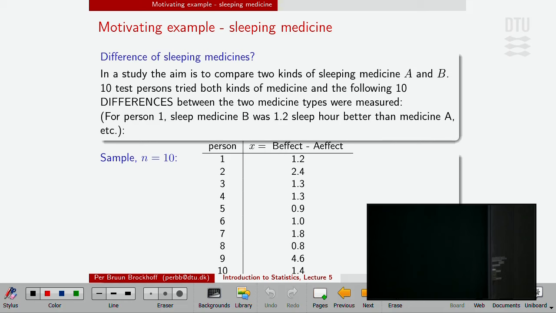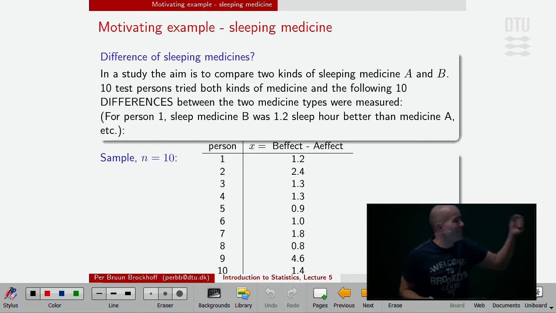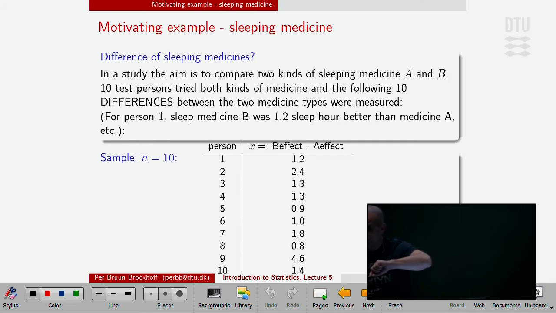Here's the first version of it, to be in a context where we can deal with it with the tools we have learned so far. Let's think of a sleeping medicine, a drug that we can use repeatedly so that we can have the same persons trying both drug A and drug B, right?